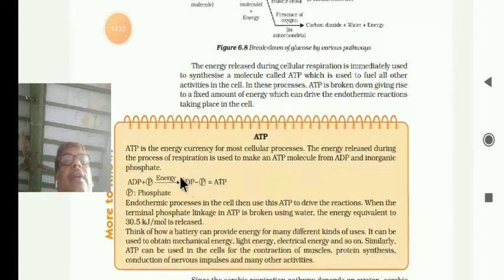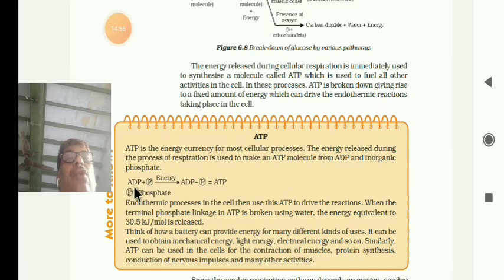ATP is the energy currency for most cellular processes. The energy released during respiration is used to make an ATP molecule from ADP, adenosine diphosphate, and inorganic phosphate.